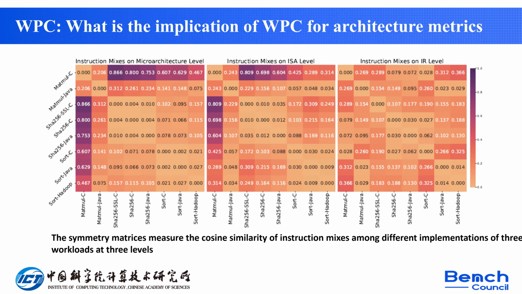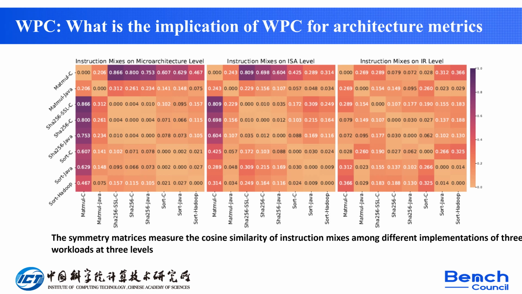For example, there are two C language applications for SHA256, SHA256 SSL C and SHA256 C. SHA256 SSL C calls an OpenSSL dynamic link library, whereas SHA256 C directly implements SHA in the source code.